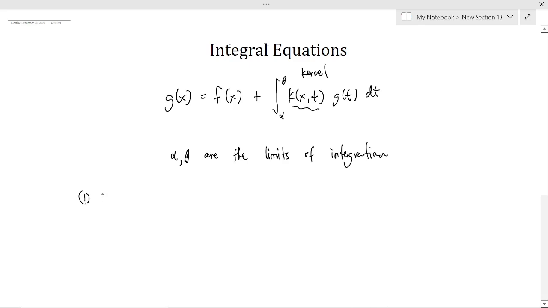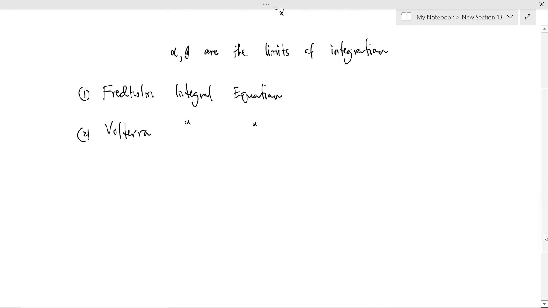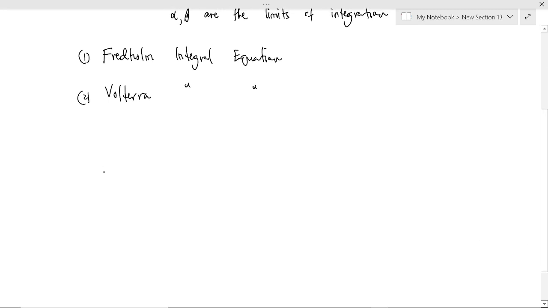Number one is what we call the Fredholm integral equation. And secondly, we will be discussing the Volterra integral equation.